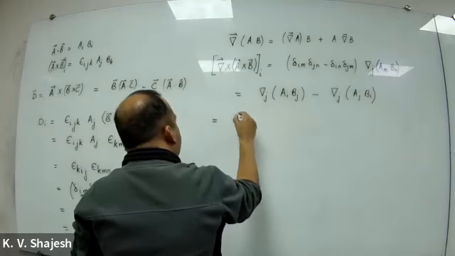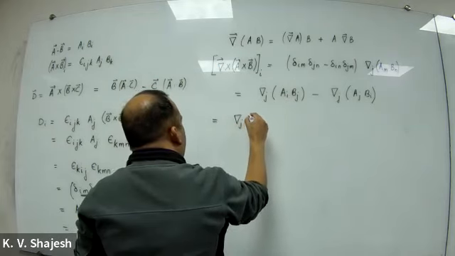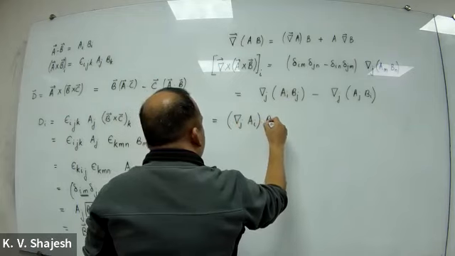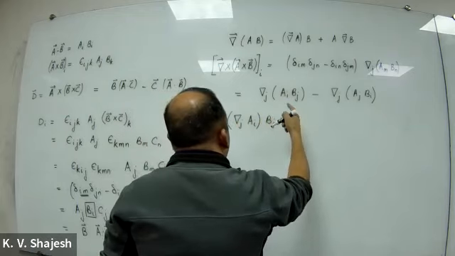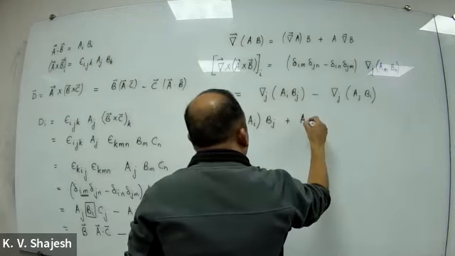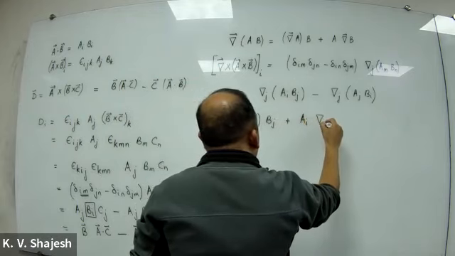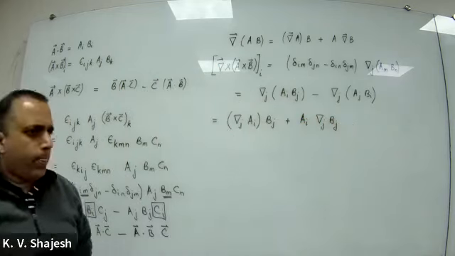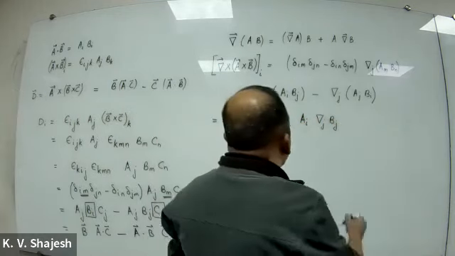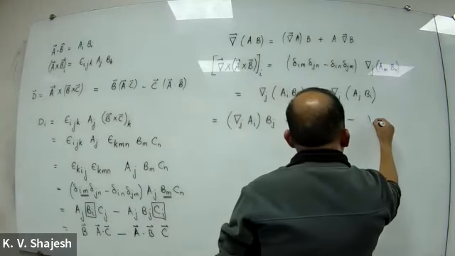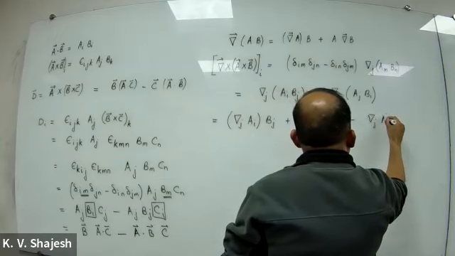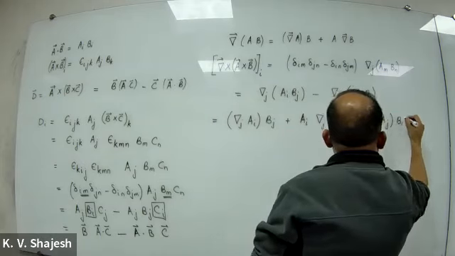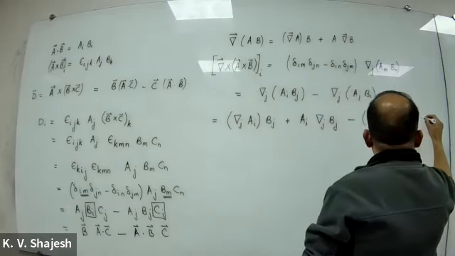So this is del j a_i b_j plus a_i del j b_j, but there are 2 more, minus del j a_j b_i, minus a_j del j b_i.